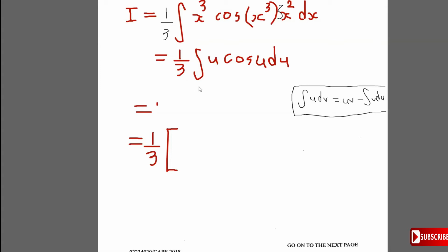I'm going to use f and s. I'm calling f equal to u, so df equals 1. And I'm calling ds equal to cos u. When I integrate cos u, I get sine.